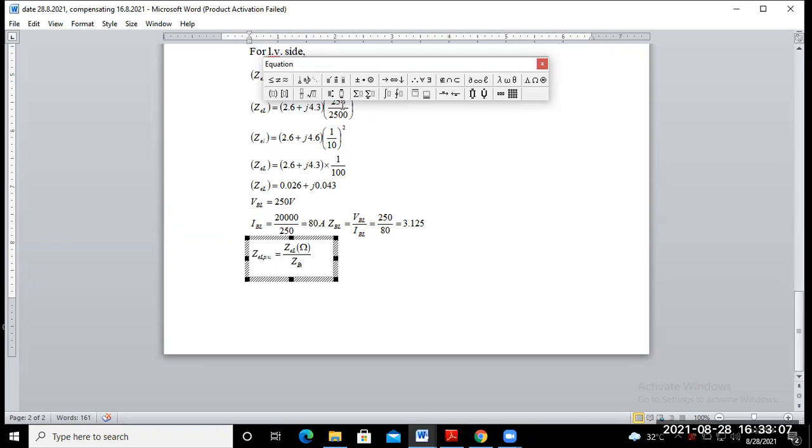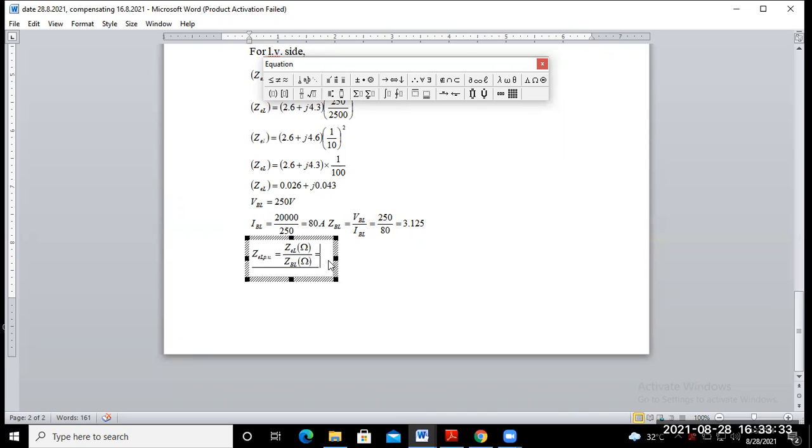The base impedance of the low voltage side is represented by ZBL in ohm, so it is in the same unit. Just put here the value of ZEL in ohm divided by ZBL in ohm.